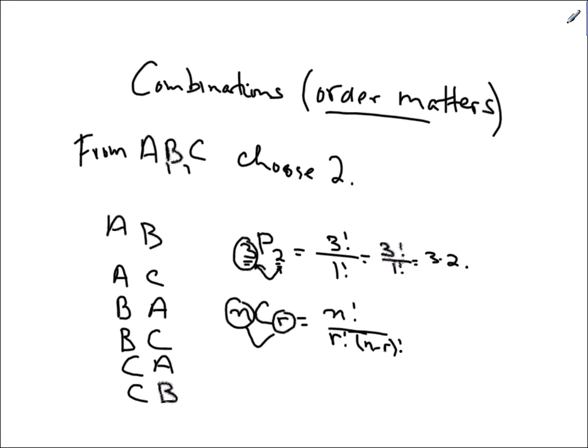So in our case, we have 3C2. You get that number factorial in the top, this number factorial in the bottom, and the difference, which is 1, factorial in the bottom. This is 6, this is 2, 1 factorial is 1. So you have 6 divided by 2, which is 3.